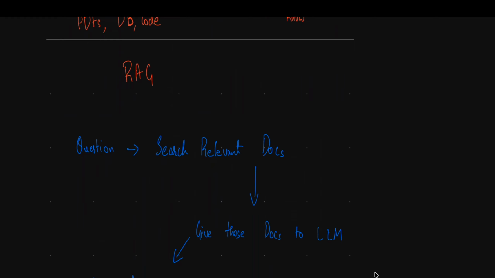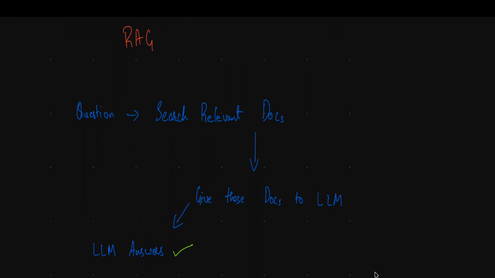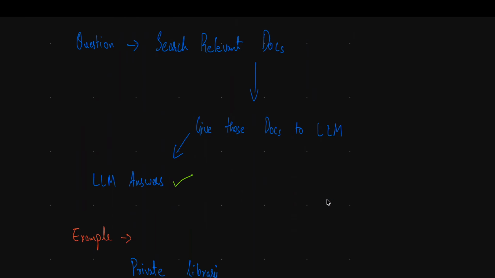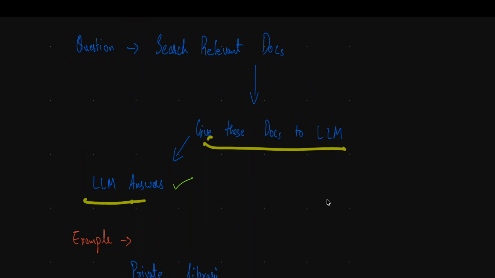And let's see how RAG works. Let's say you have a query or a question, and you want to search documents from your company. These documents are private to your company, and the models were never trained on your private docs, right? So you give those docs to the LLM, and the LLM answers it.